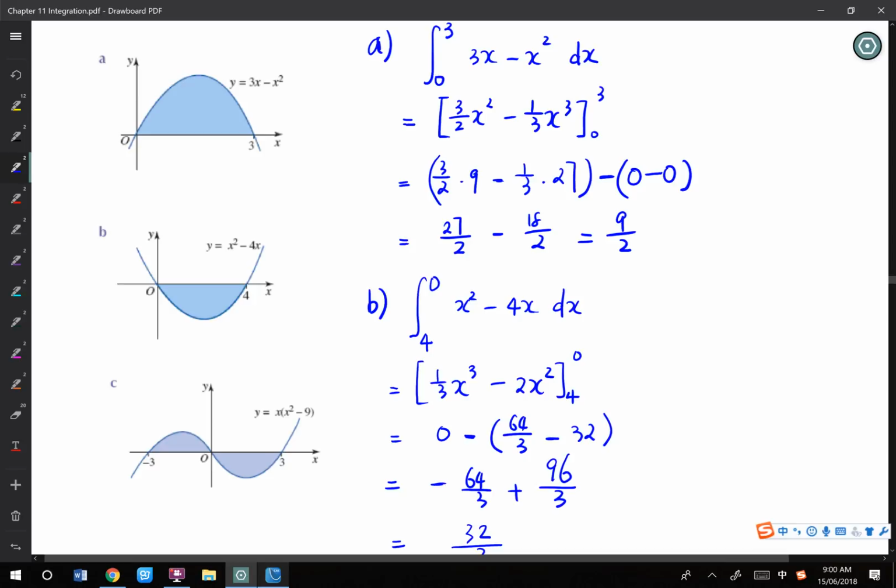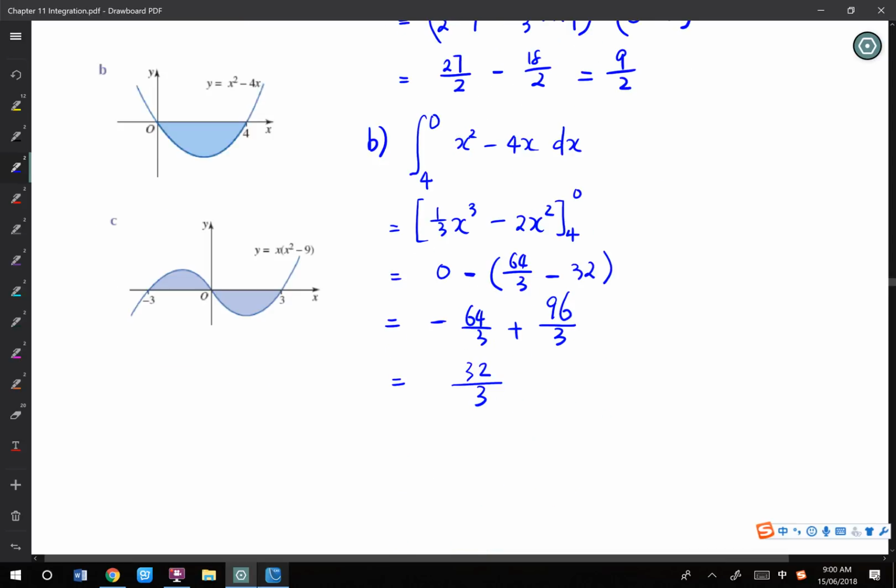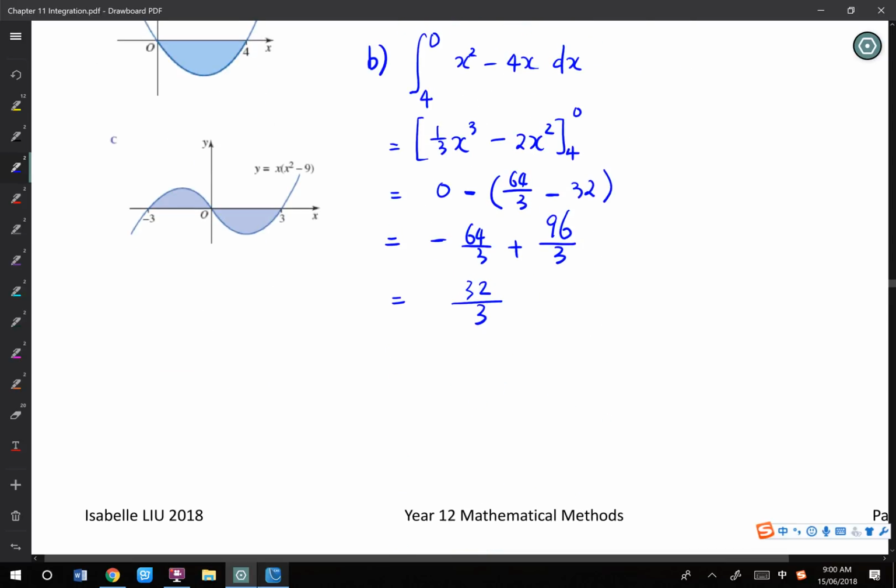I also talk about C. Now this question is easy, but I also talk about the function properties. Is this an even function or odd function or neither? If I ask you to prove it, how can you prove it?